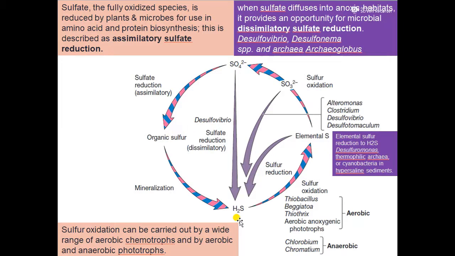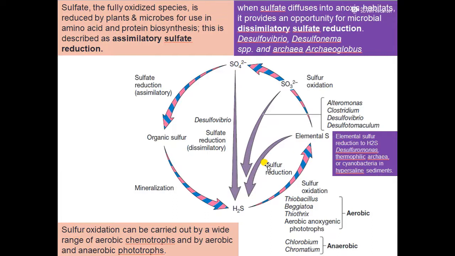Now, the conversion of H2S to elemental sulfur as well as further sulfur oxidation can be carried out by a wide range of aerobic chemoautotrophs as well as aerobic and anaerobic phototrophs.